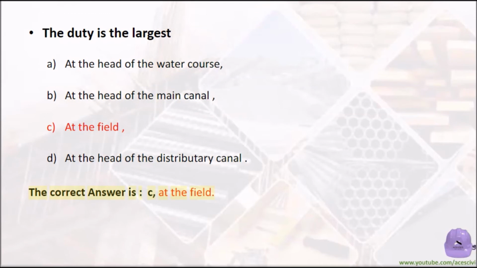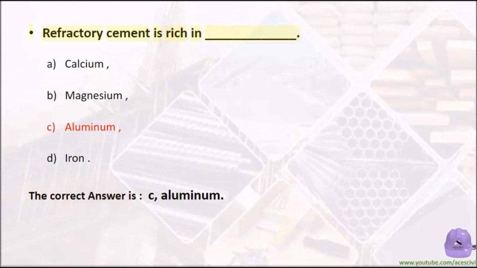Refractory cement is rich in: A. Calcium, B. Magnesium, C. Aluminum, D. Iron. The correct answer is C. Aluminum.